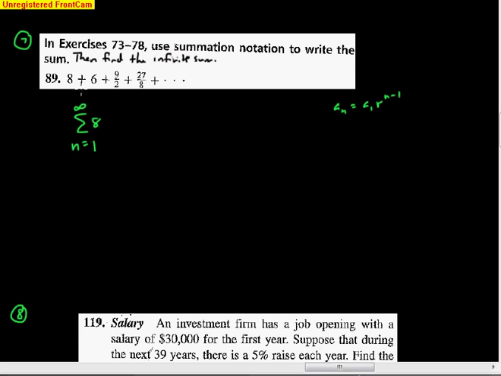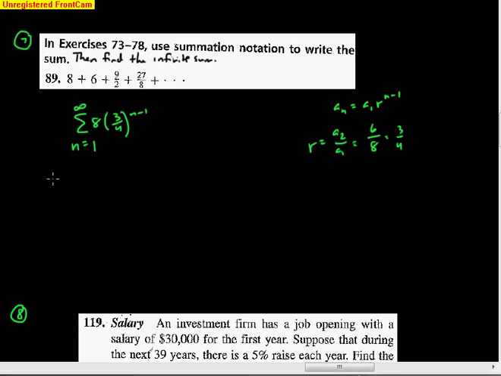They give you consecutive terms, so to find r, I'm going to use a2 over a1. Remember, it's a ratio. 6 over 8, and that is 3/4, or 0.75. It does not matter to me. And then your exponent is n minus 1. There we go.